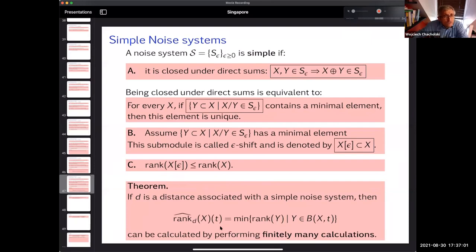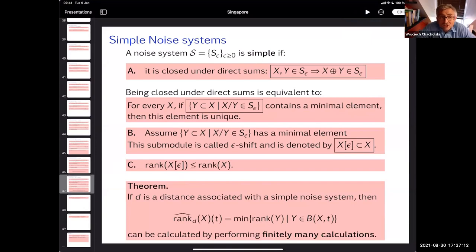I know it only for simple noise systems. I do not know otherwise. This is typically a bottleneck. So if you do not assume that, suddenly you may not have it. Oh, okay, and the noise I hope disappeared.